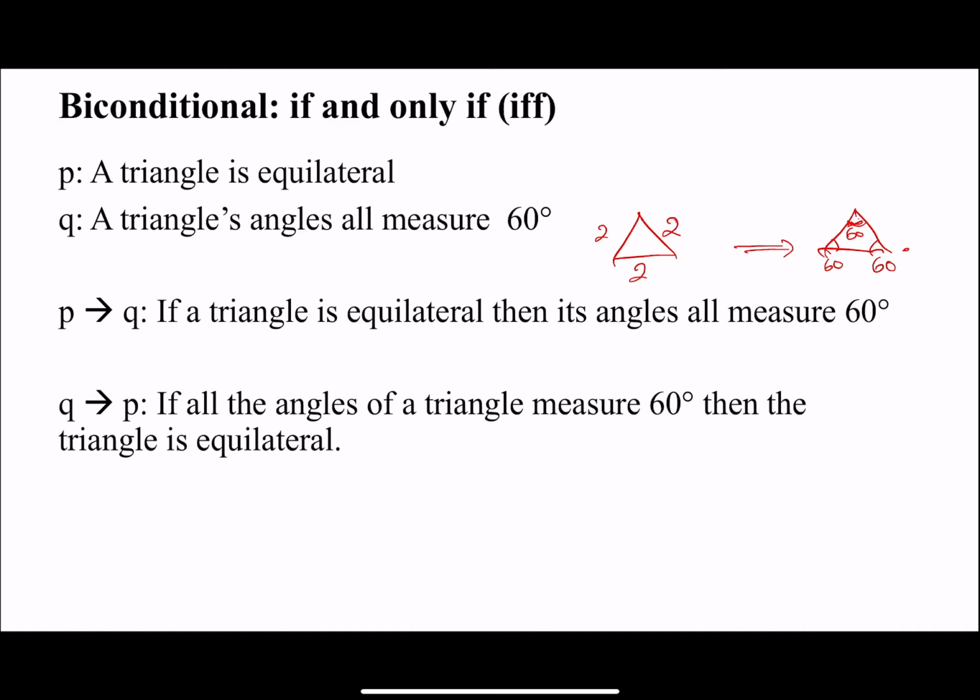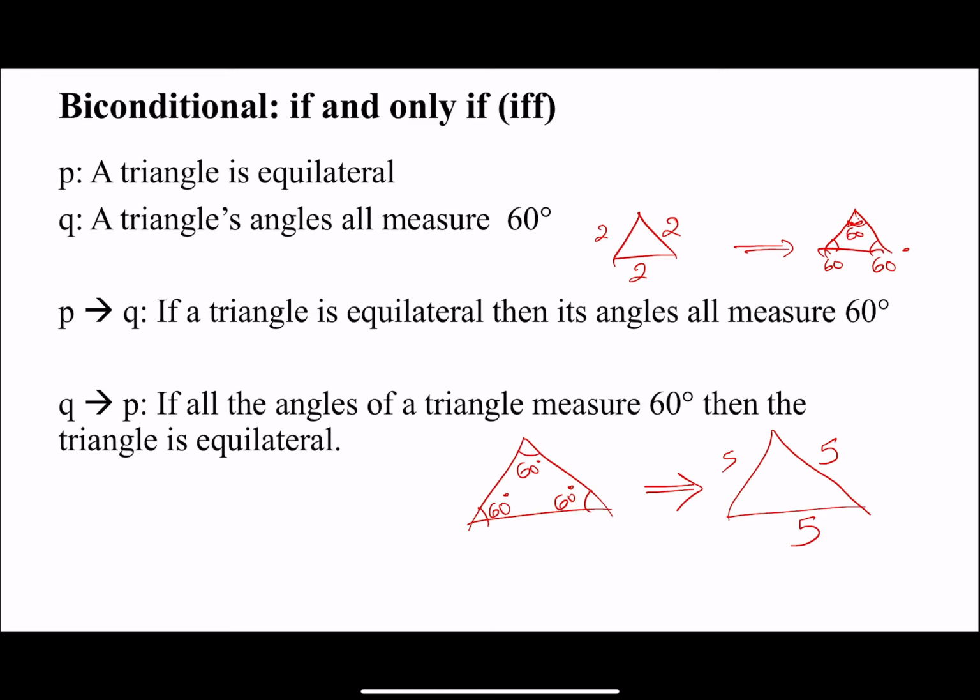If you have a triangle where all the angles measure 60 degrees, this angle is 60, this angle is 60, this angle is 60, then all the sides are the same. You have an equilateral triangle. For example, if this side is 5 meters, this side is also 5 meters, this side is also 5 meters.